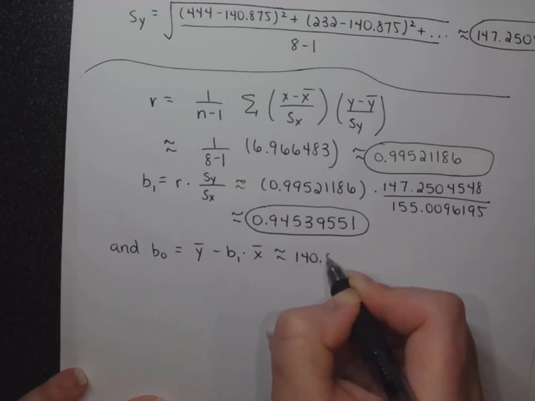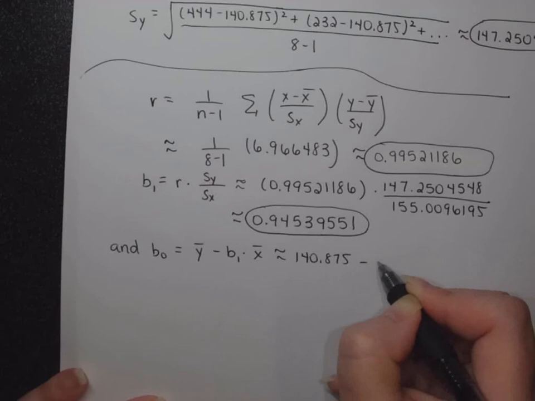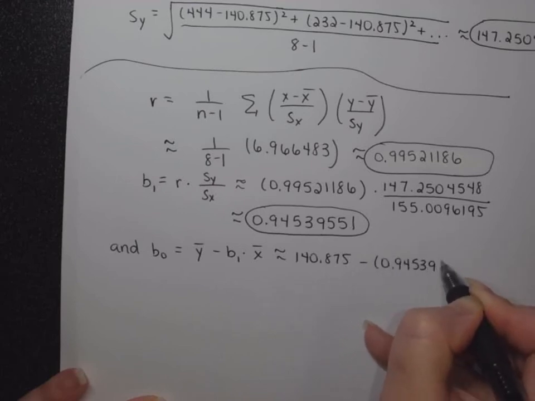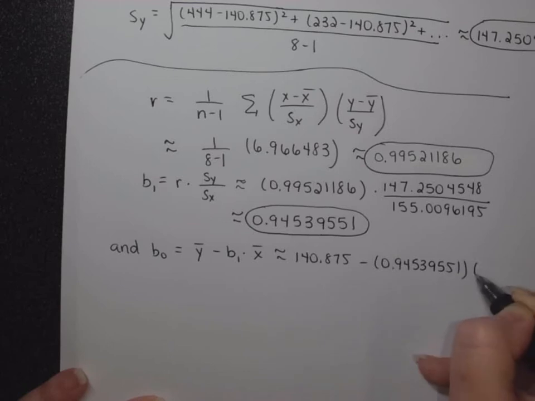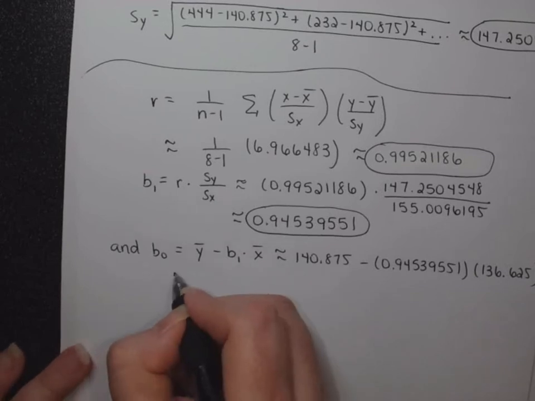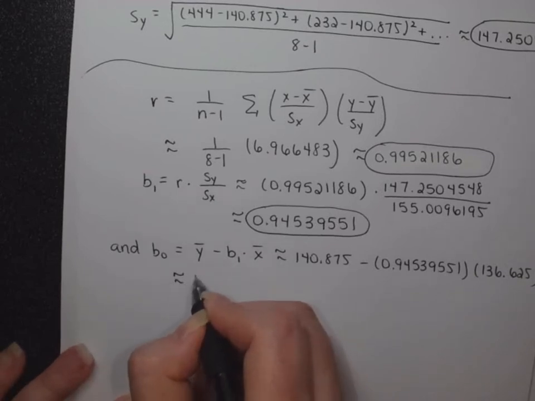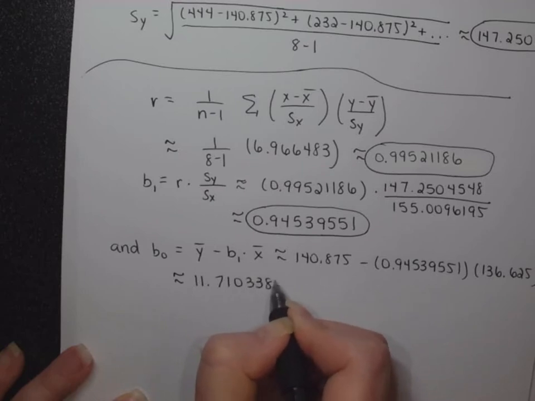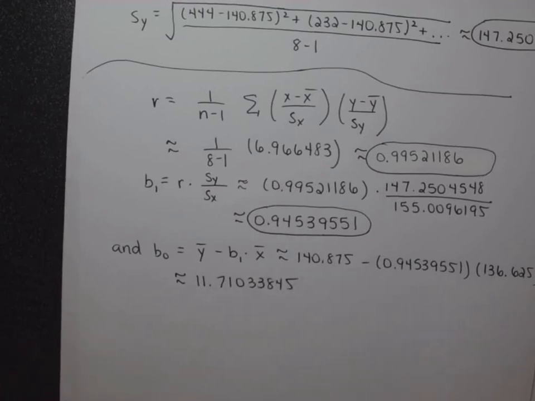So it's 140.875 minus that 0.945395551 times the x average, which was this. And so this is what you get for the b sub 0.